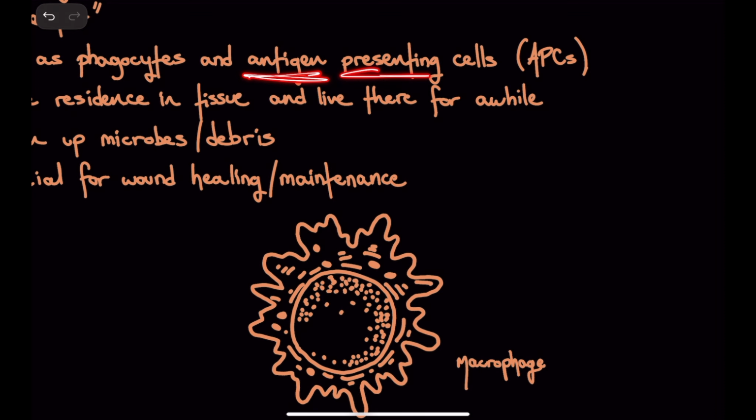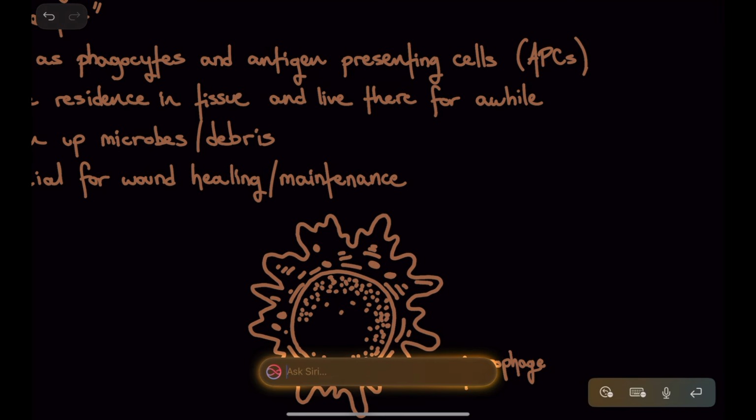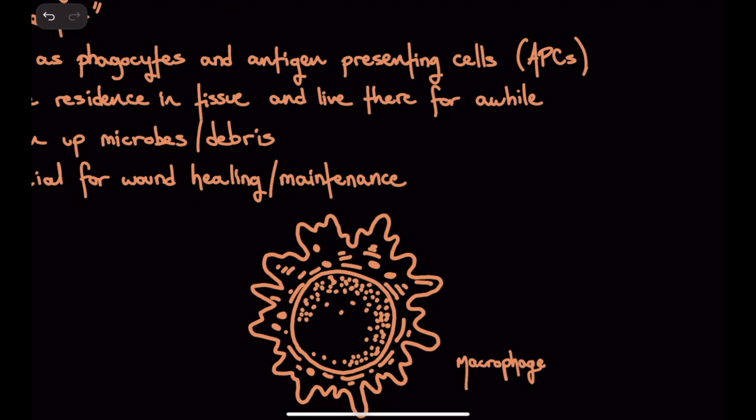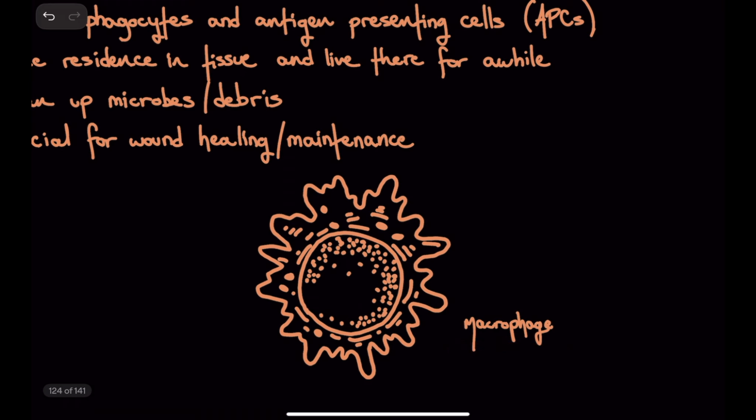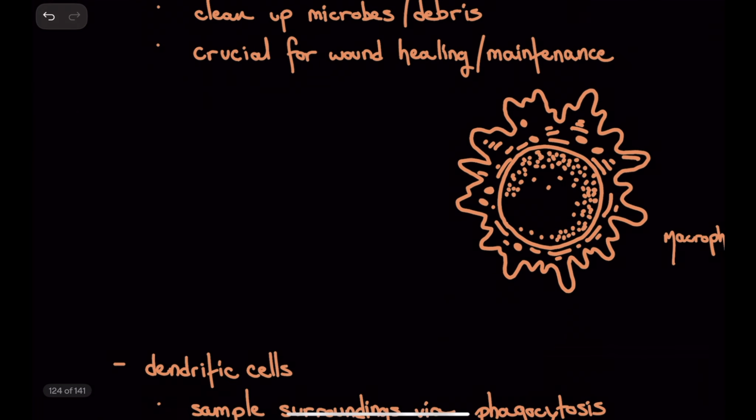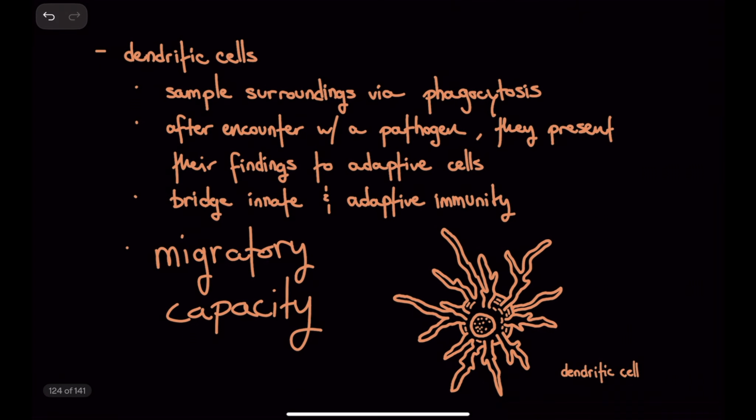We need these cells to go and tell the hospital what surgeon we need, or what specialist we need. So the antigen presenting cells are going to communicate that, and we'll talk about that more here. But our macrophages are one of them. We'll talk about that more with the dendritic cell, which is up next.